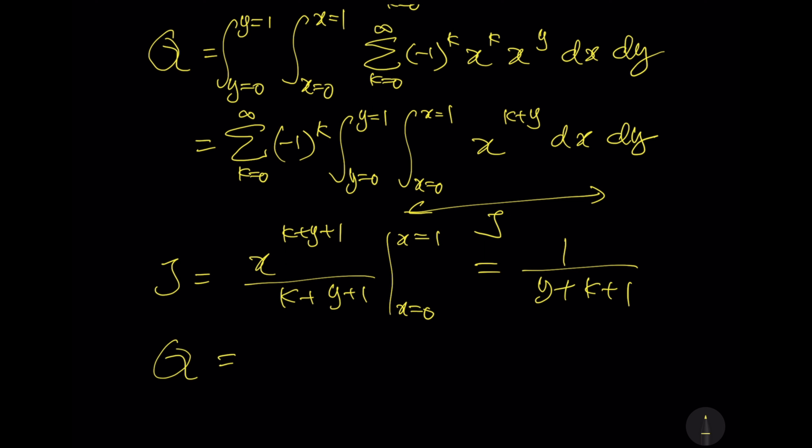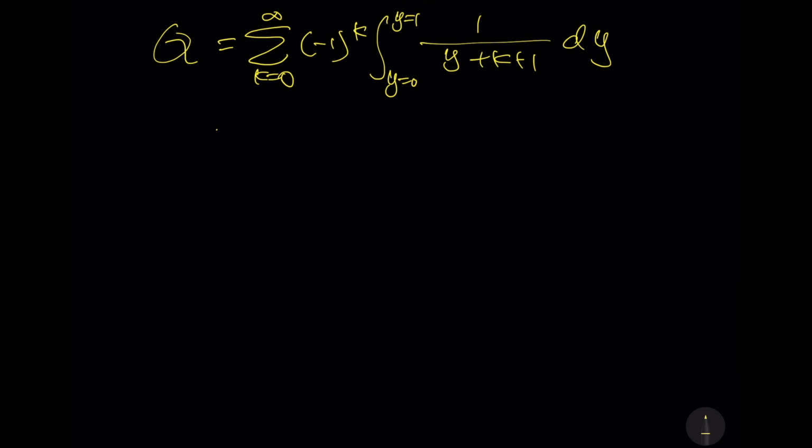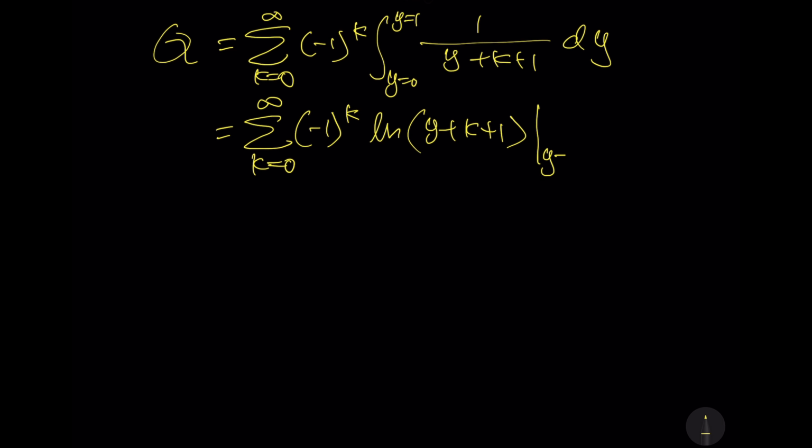Put it back into the equation Q. This is what we have: summation k equals 0 to infinity, negative 1 power k, integral y from 0 to 1 of 1 divided by y plus k plus 1 dy, which gives us Q equals summation k from 0 to infinity, negative 1 power k, and then natural log of y plus k plus 1, for y from 0 to 1.